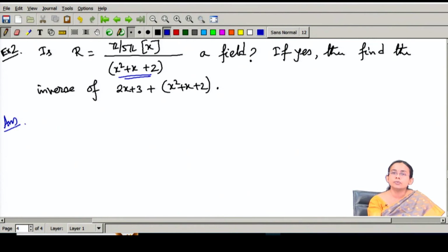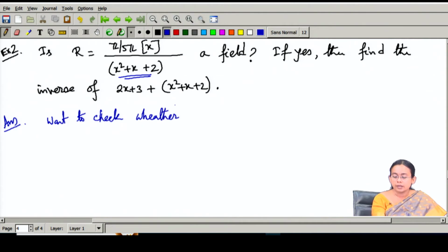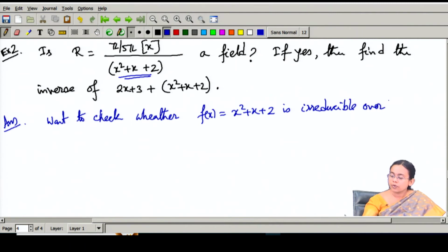So, it is enough to check whether this is an irreducible polynomial or not. So, I want to check whether the polynomial f(x) equal to x square plus x plus 2 is irreducible over this polynomial ring.